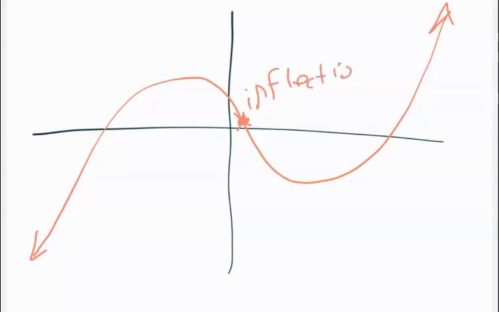That is what we call the inflection point, and it's where the second derivative is equal to 0, because the second derivative is negative when concave down, then switches to positive.